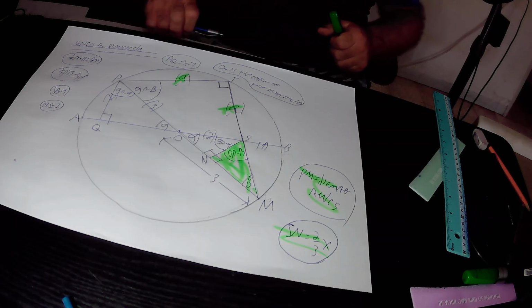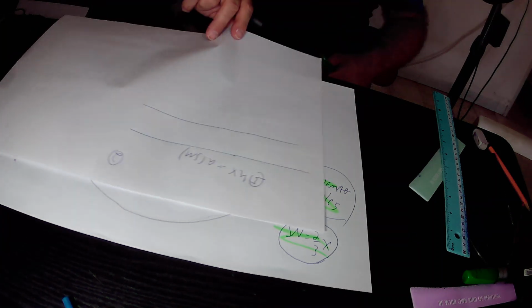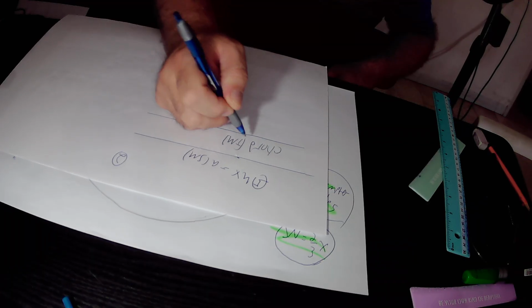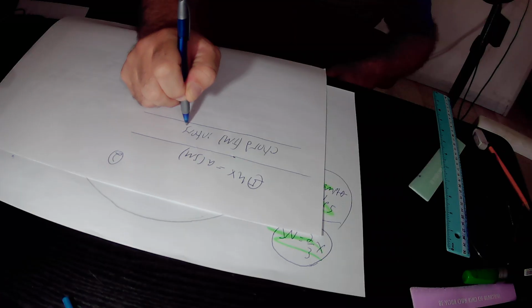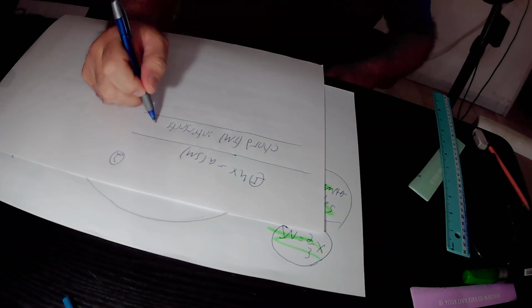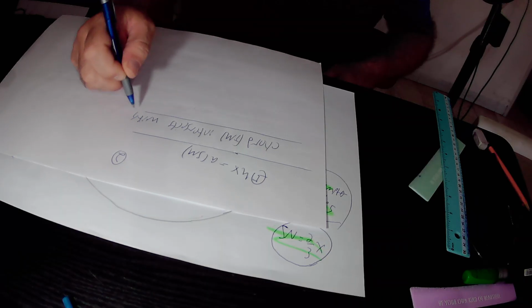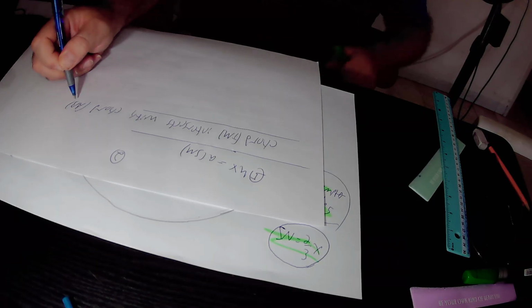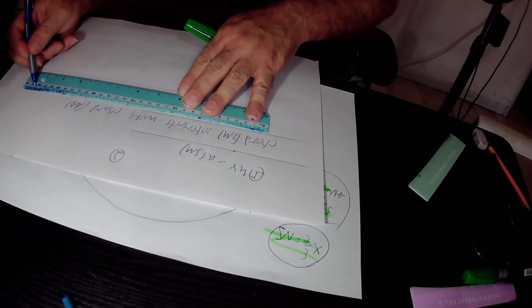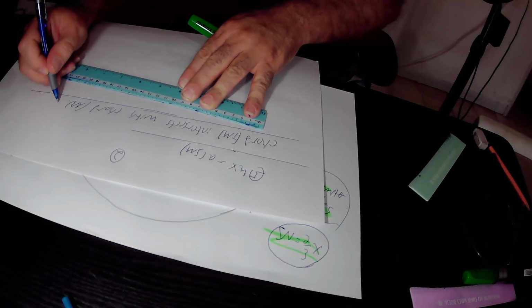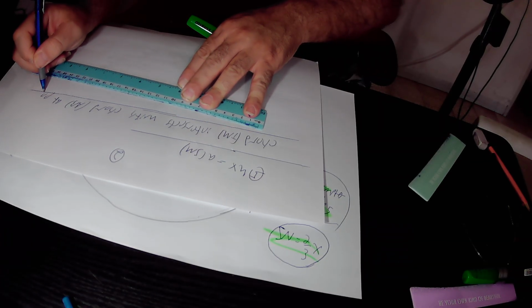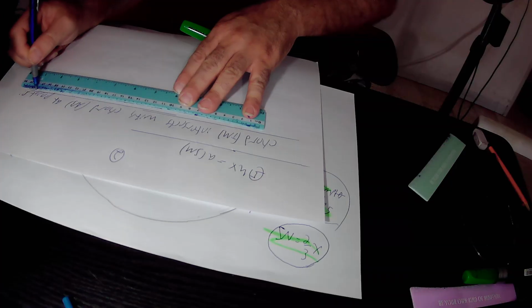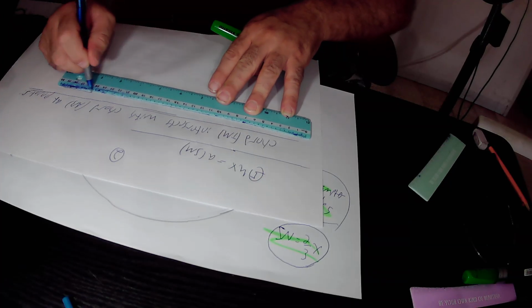In our original drawing, chord TM intersects with chord AB at point S.